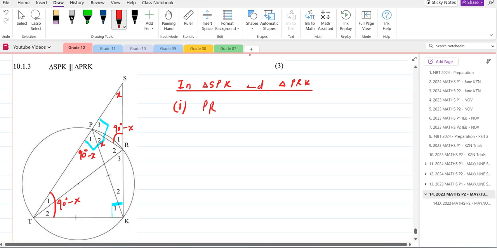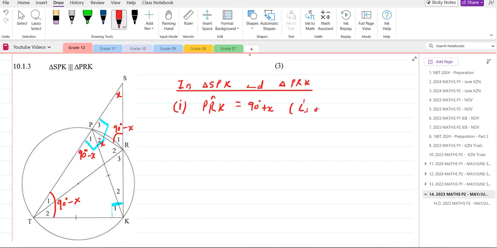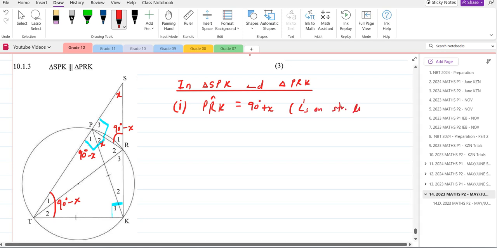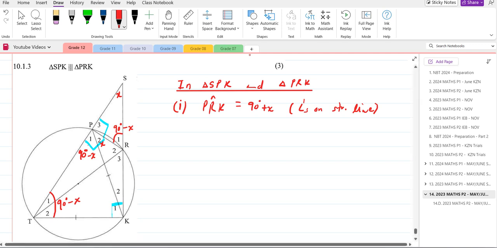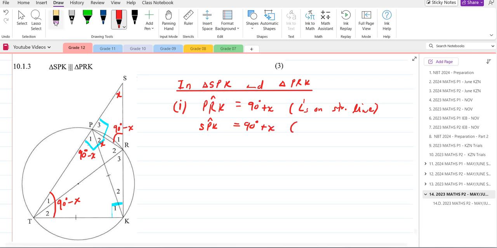Angle PRK is equal to 90 degrees plus X, because remember, if this is 90 minus X, that has to be 90 plus X. That's angles on a straight line. Now we know that angle P3 is 90, so angle SPK is also 90 degrees plus X, and that is just the sum of angles.